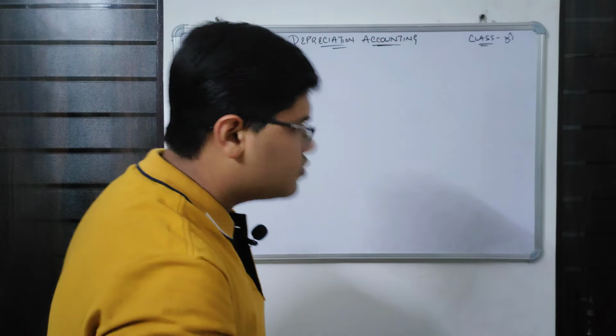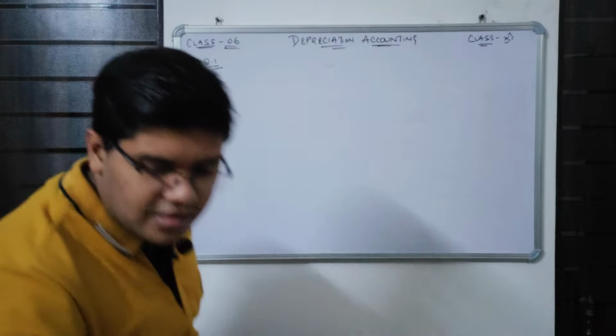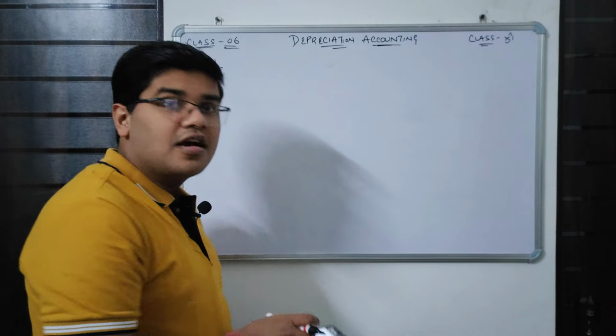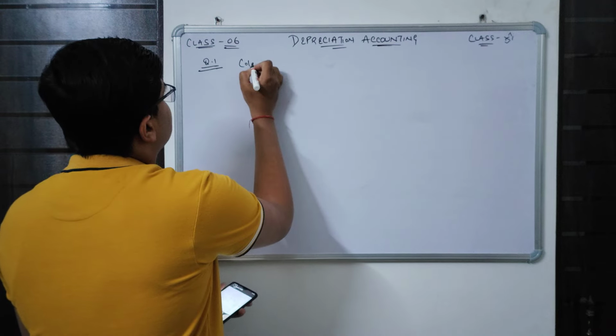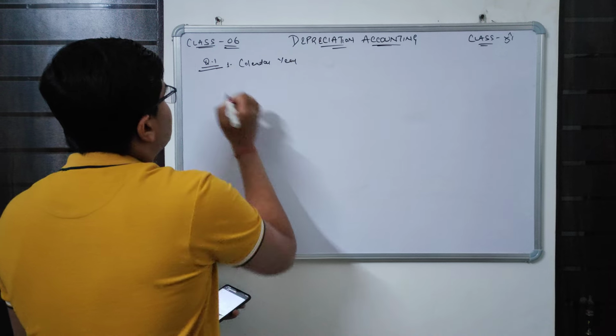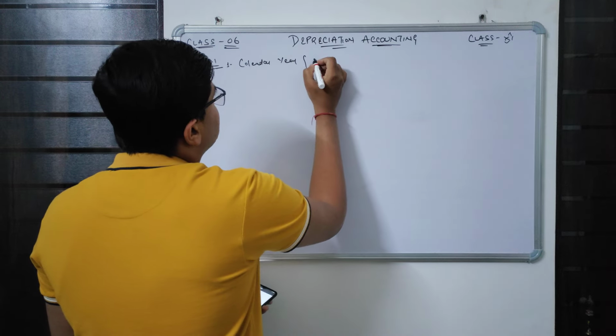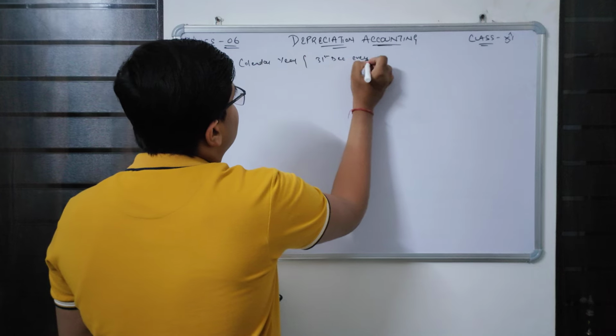So our first question, number 1, which I am going to deal with, is that the company is following the calendar year, means the books are closed on 31st December every year.